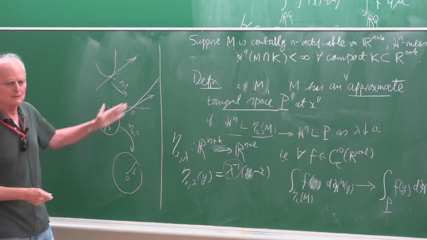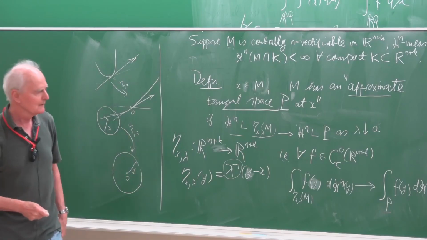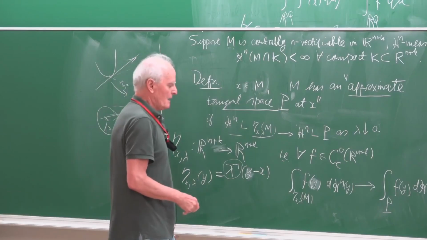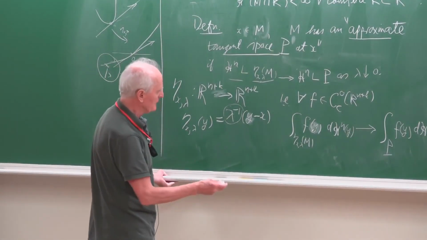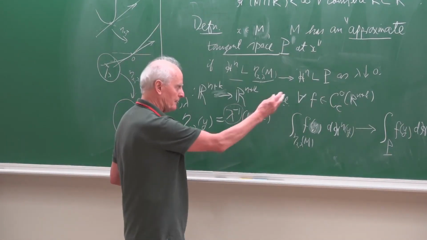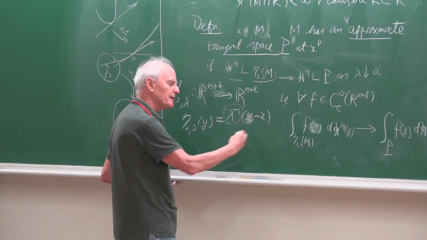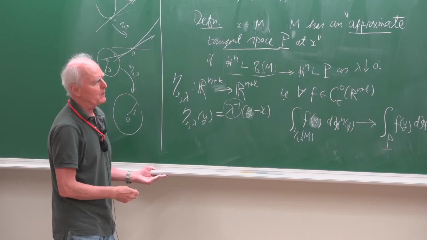So it's the n-dimensional analog of that. So that's the definition of approximate tangent space. Now, it's sort of a weak notion of tangent space, but it turns out that as long as we've got this kind of thing almost everywhere, then we can do some sort of analysis on the manifold, on the rectifiable set.